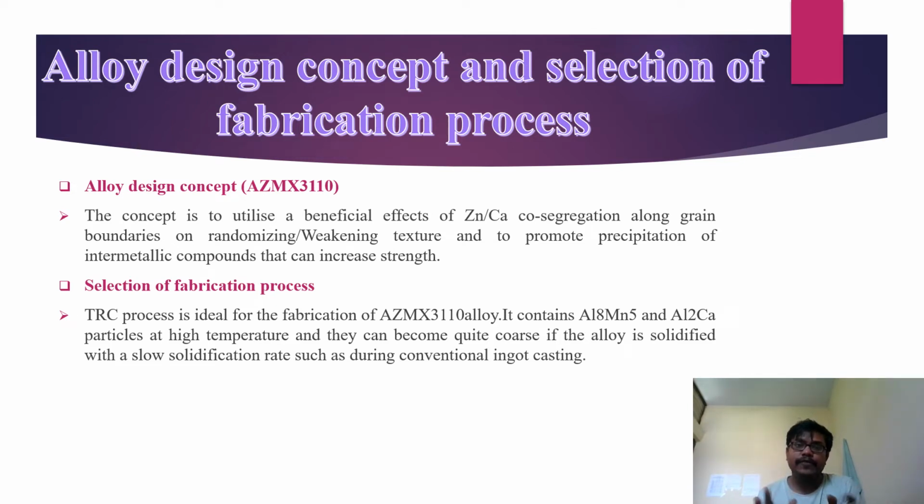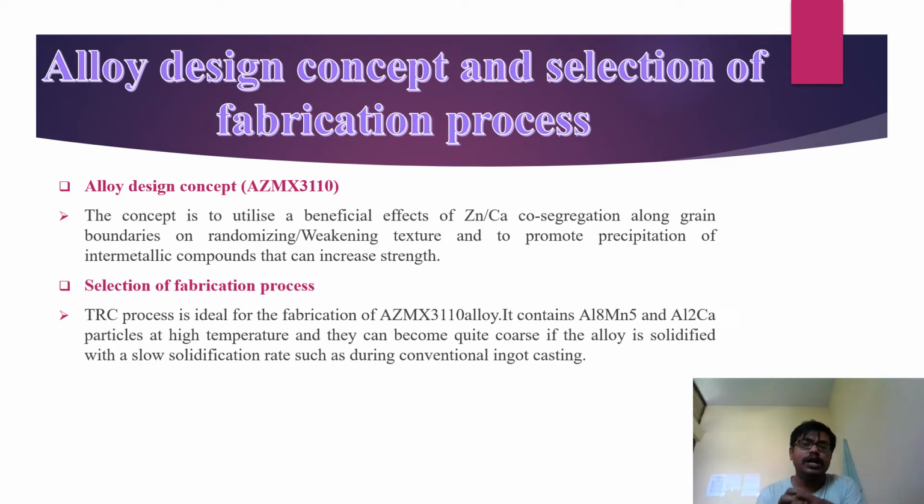Yield strength should be maintained up to a high level. So for that purpose, we had to use some new alloy design concept, because the alloy design concept that was used previously was decreasing the yield strength. So we used a different alloy design concept. In this case, we tried to segregate zinc and calcium along the grain boundary.